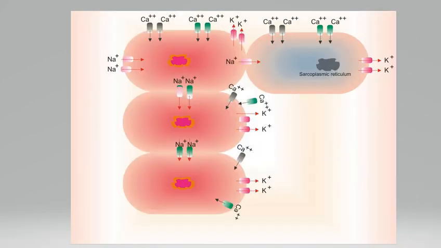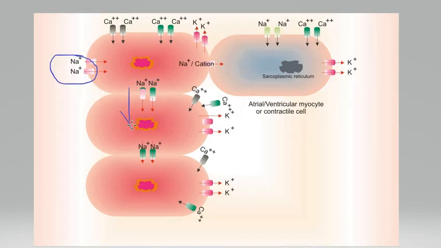Another very important thing I want to tell you is that these sodium ions move inside adjacent cells through gap junctions, and the same things happen inside those cells as well, meaning depolarization and repolarization. These cations move into both types of cells, adjacent nodal cells through gap junctions and adjacent contractile cells through gap junctions.